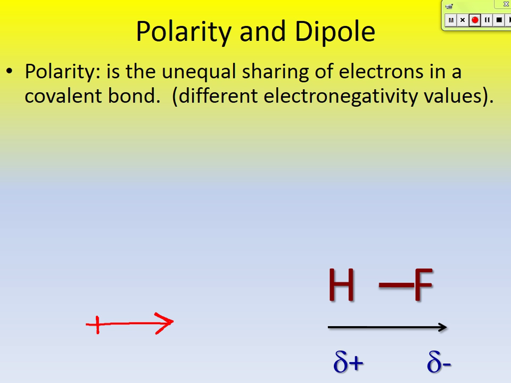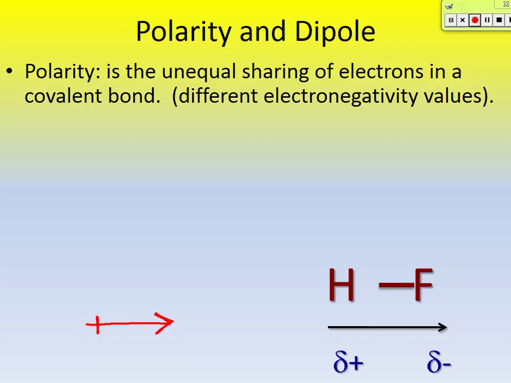This is what the lesson is really about today. It's about polarity. So take a second, and in your notes write down the definition for polarity. Polarity is the unequal sharing of electrons in a covalent bond. Now, I think we told you that in covalent bonds they share the electrons between them equally, but that's not true.